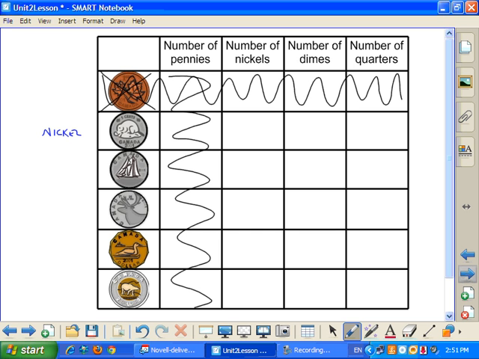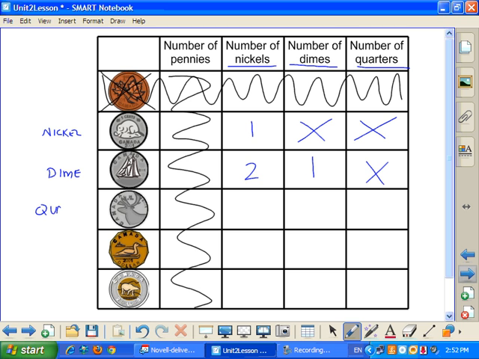If I work my way across, each column wants number of nickels, number of dimes, number of quarters. So if I have a nickel, I will obviously have one nickel, but I can't make change with dimes and quarters. If I have my dime though, it's worth 2 nickels, obviously worth 1 dime, and again you can't make a quarter from it.